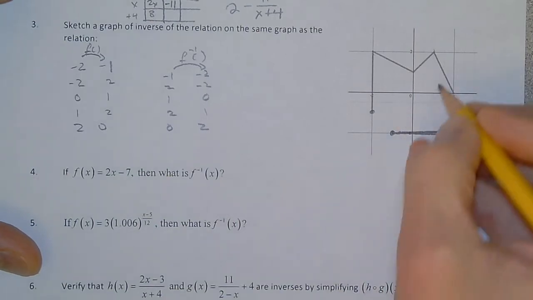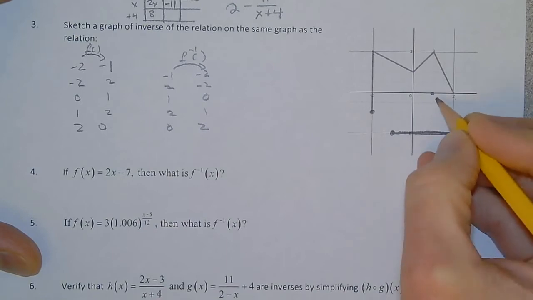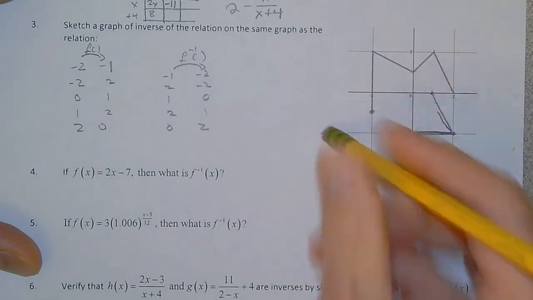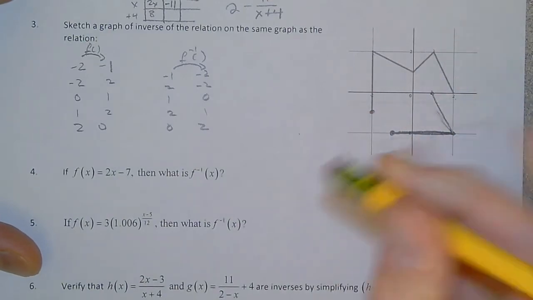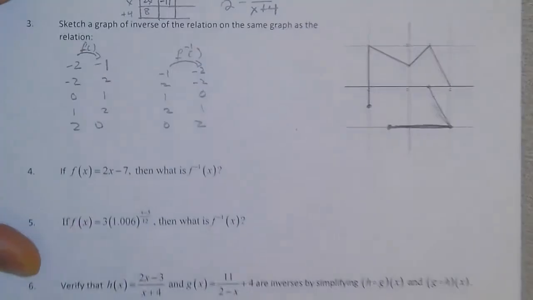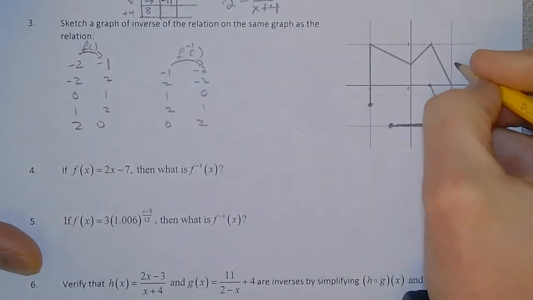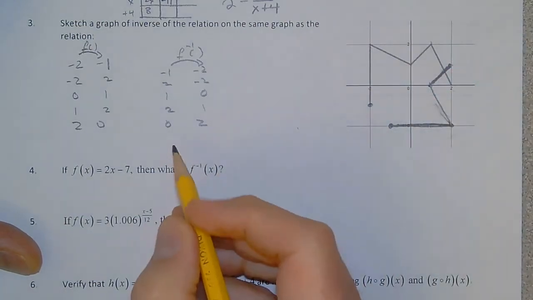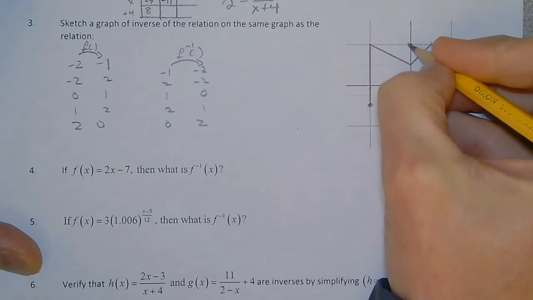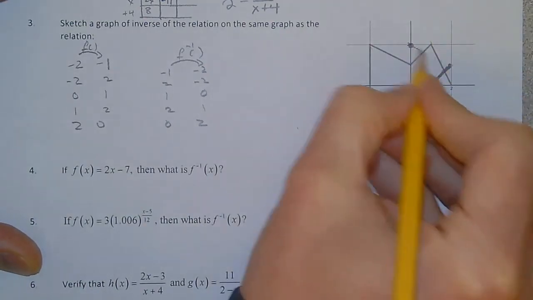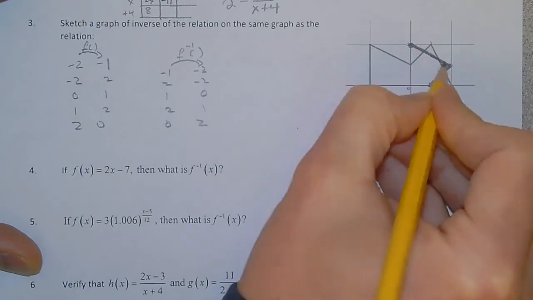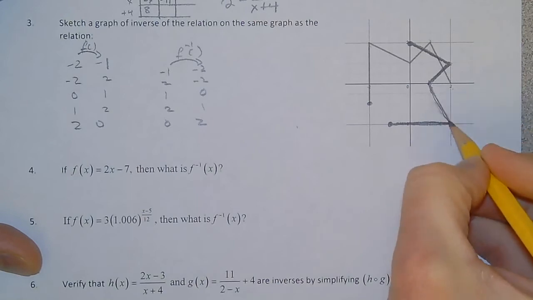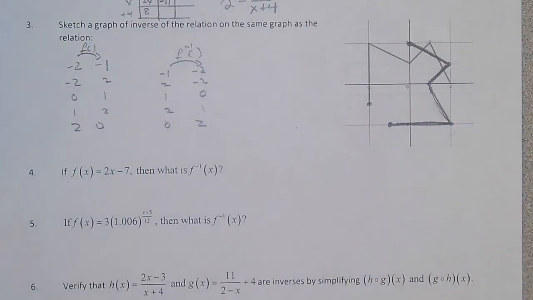And then to 1, 0, which is right there, so we'll make that connection without that stray extra line in there. And then to 2, 1 is right there. That'll come up there, and to 0, 2, right there. Okay. So that is the inverse of the one that we were given.